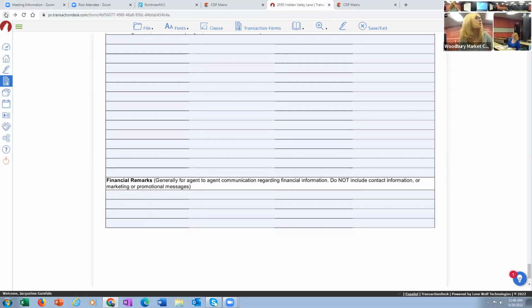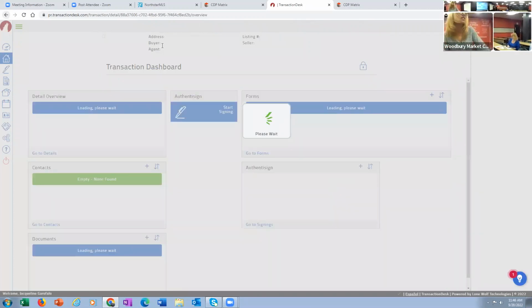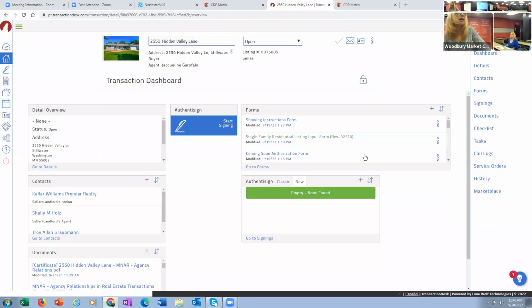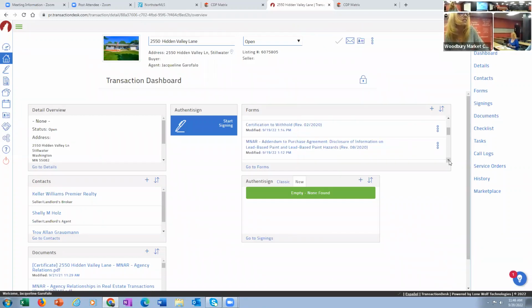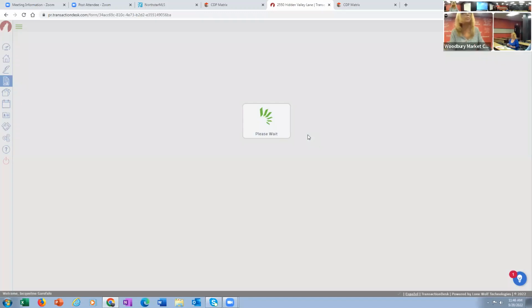Okay, so then I'll jump quickly, we've got a couple minutes left, to the seller's disclosure. I like the second meeting for the single family input, and then this property disclosure, which is kind of similar to that input. It goes through some of the similar things.